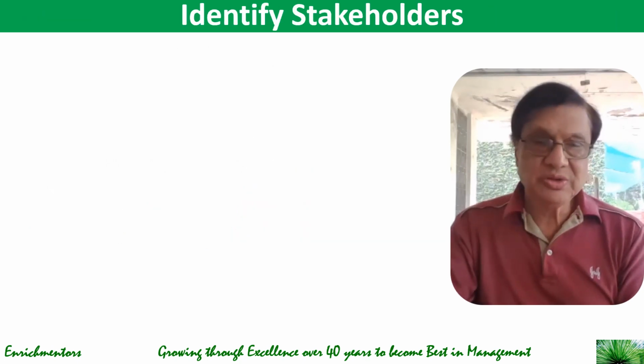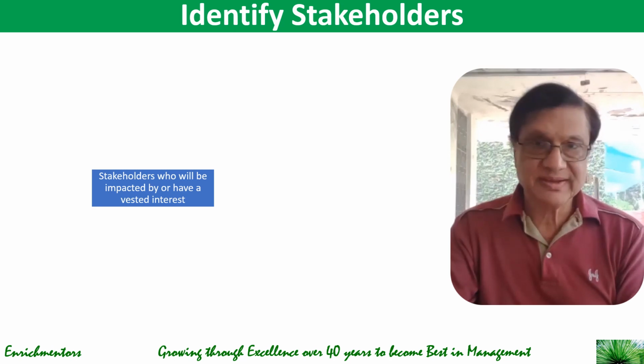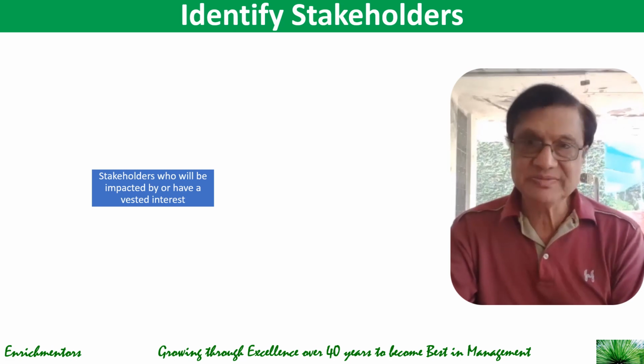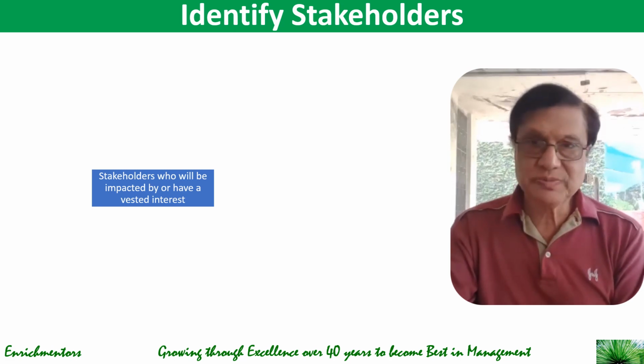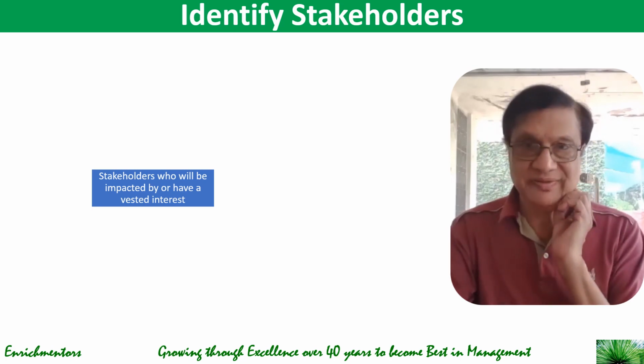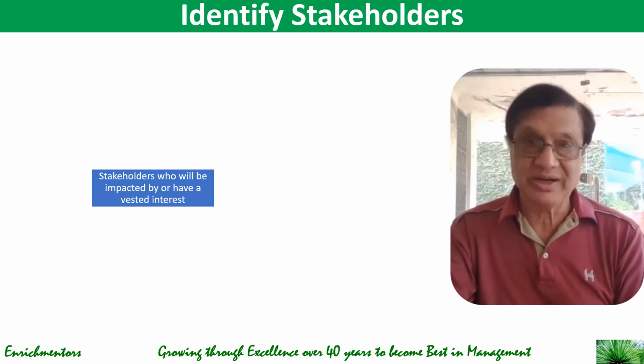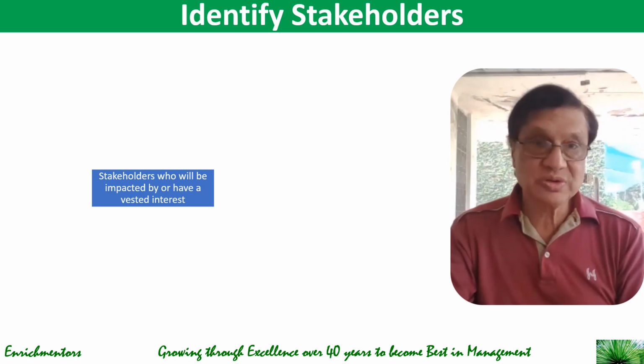So first thing you need to do obviously is to identify all the stakeholders that will be impacted by or have a vested interest in the AI project. Vested in a positive sense. So all those people in your company or outside the company who will be affected by and who have interest in an AI project, you need to identify. Now, who could this be?